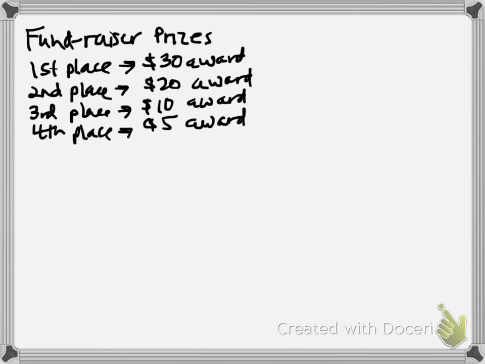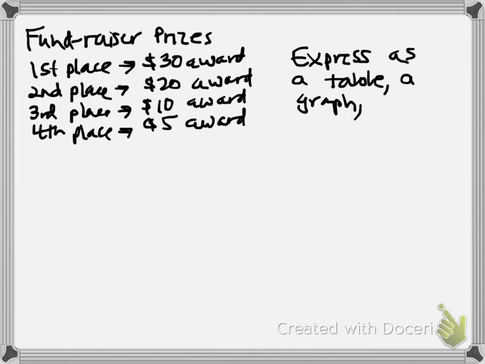Okay, so we're going to express this as a table, which you guys should be used to seeing. We're going to express it as a graph, and we're going to express it as, this is a new one perhaps, a mapping diagram.